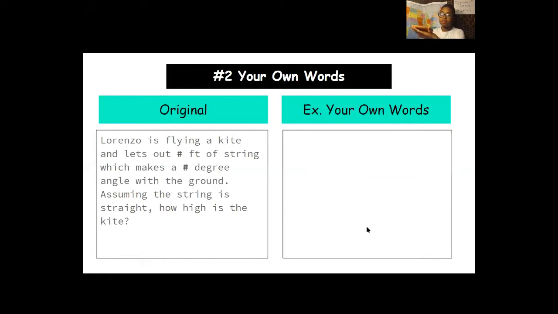Also, raise up from the ground. The kite could be laying on the ground, but it's actually raised up in the sky right at my fingertips. So instead of makes a 72-degree angle with the ground, we can say it raises up 72 degrees from the ground.